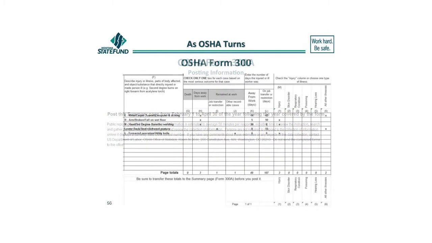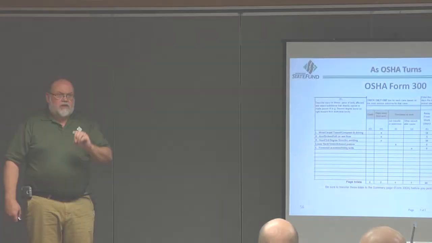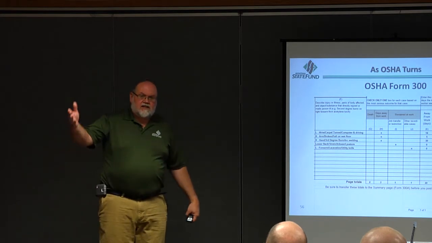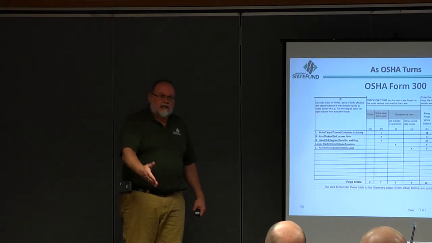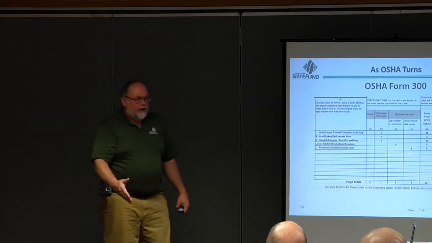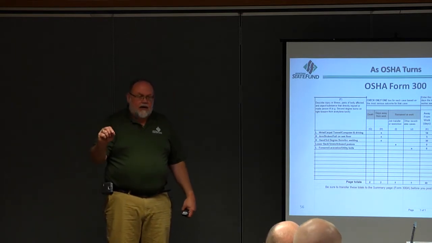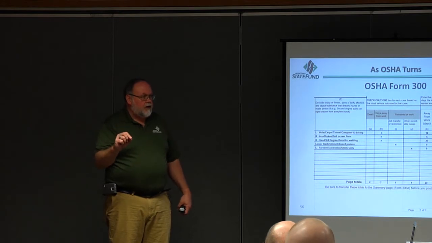Now, one of the things to keep in mind when we're talking about numbers: if I have an injury that happens this month and they miss 60 days, either restricted or transferred activity or days away, I don't create another slot in next year's injury form.